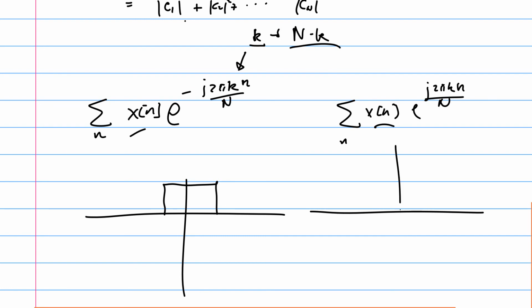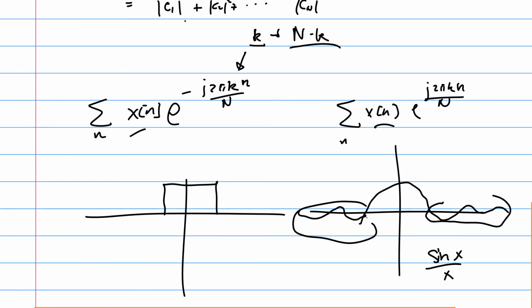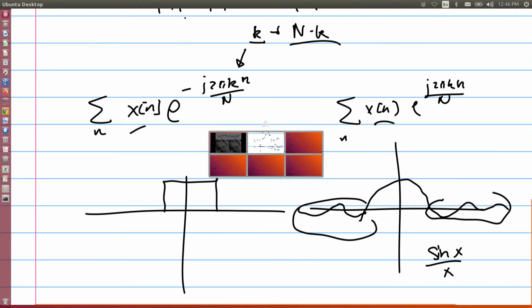So a sinc will be something like a lot of ripple, right? Some sin x over x, that kind of stuff. Because of this ripple, you have some high frequency components there, right? So this actually contributes to the artifact.